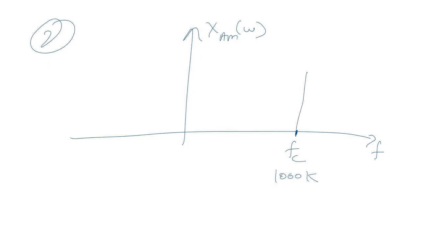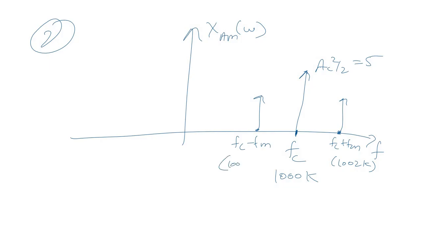And this is the carrier, its power is Ac square by 2, that is equivalent to 5, and this is the upper sideband, and we have another lower sideband. The upper sideband is present at fc plus fm. fm is 2 kilohertz, so fc plus fm becomes 1002 kilohertz. Similarly, this will be fc minus fm, that will be 998 kilohertz.